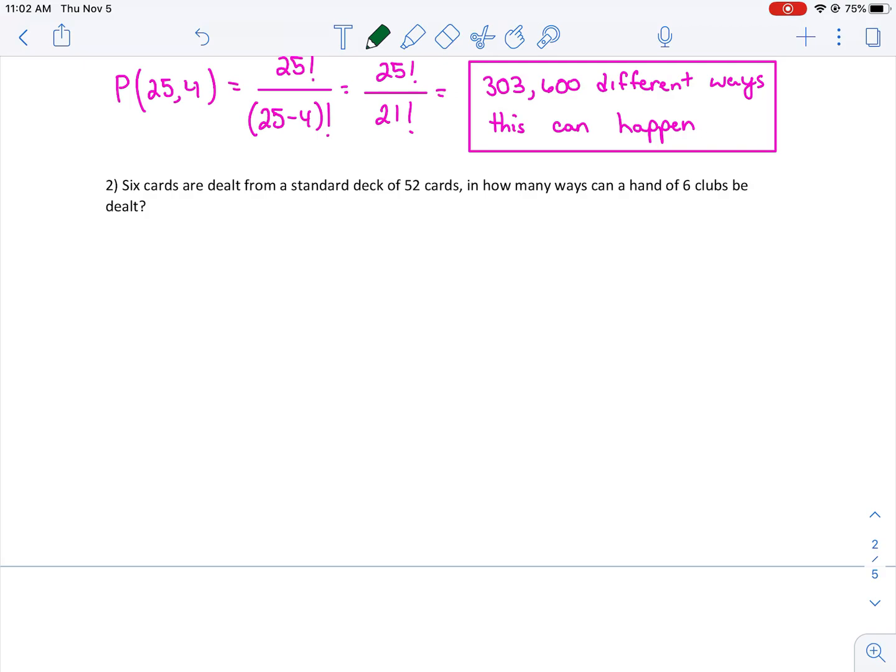Okay, my claim on this one is also that it is a combination, and I say that because each arrangement of the 6 clubs is the same hand.